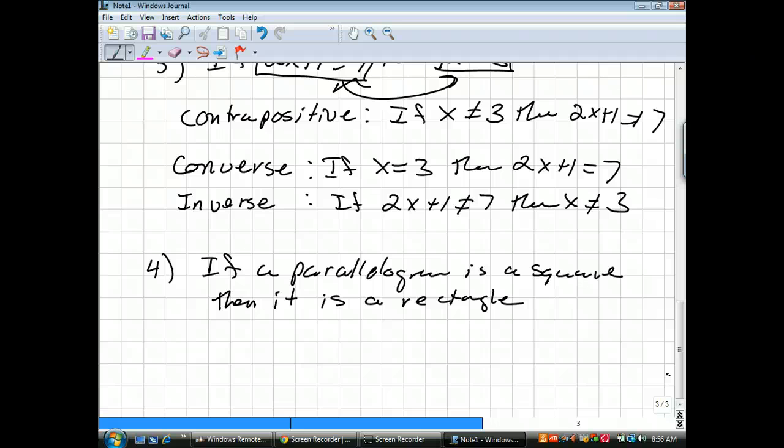So if I was talking about sets of things, which set would be greater: the set of all rectangles or the set of all squares? Well, rectangles would be larger because a square is a special rectangle.